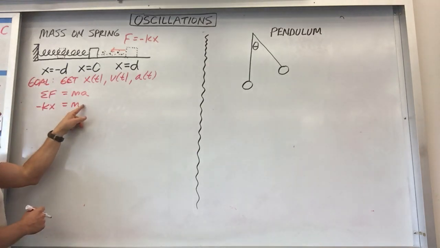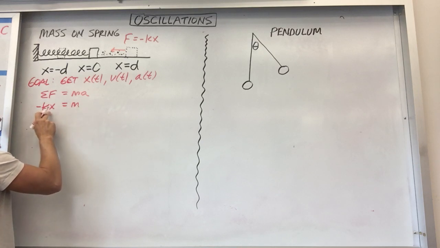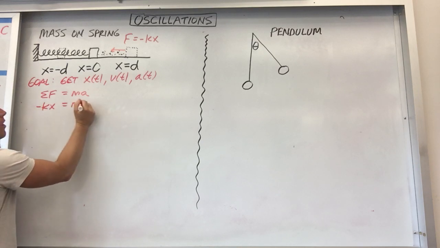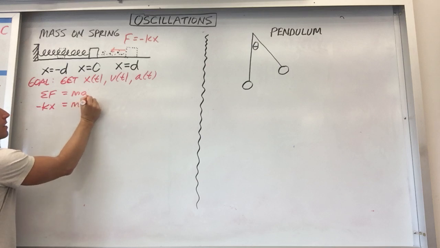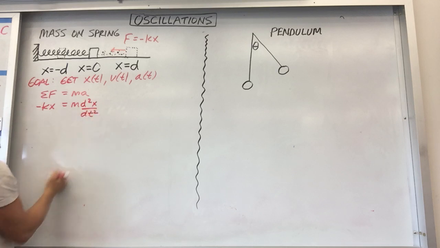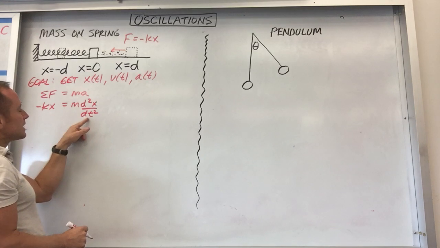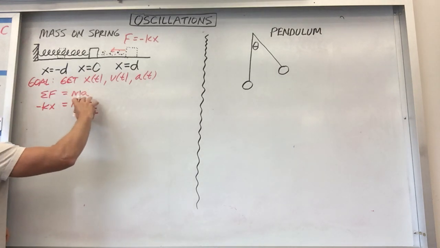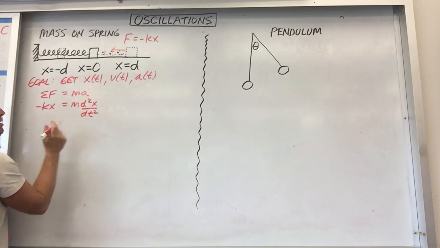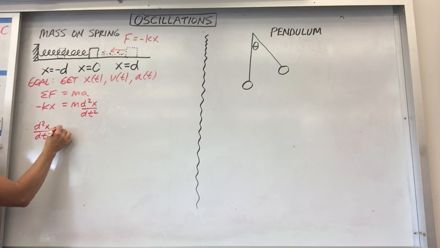Instead of writing a, we write it in terms of x, since a is the second derivative of the position function with respect to time, d squared x by dt squared. So I'm going to rearrange this a little and solve for d squared x by dt squared, which really is just the acceleration, and that equals minus k over m x.